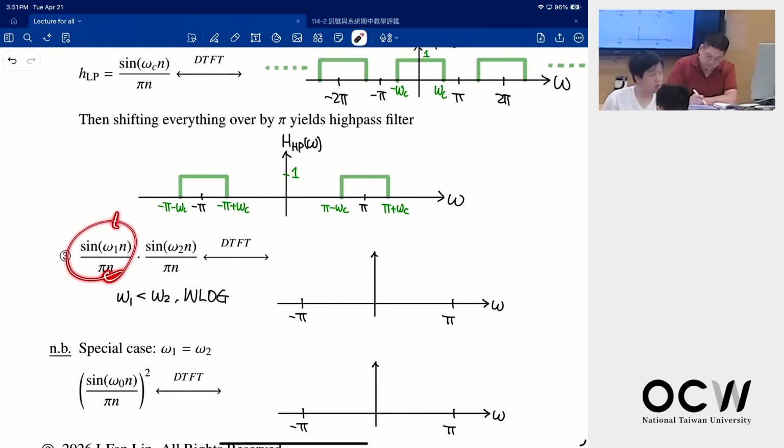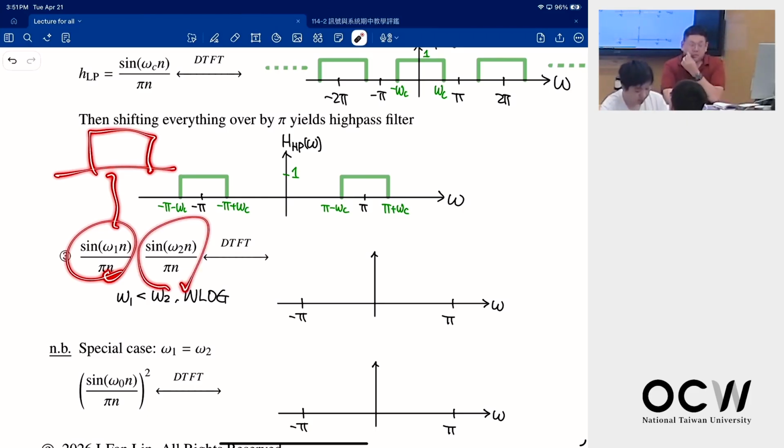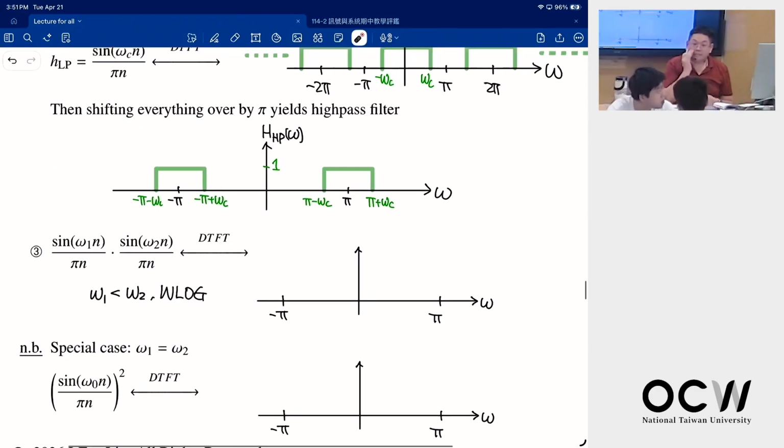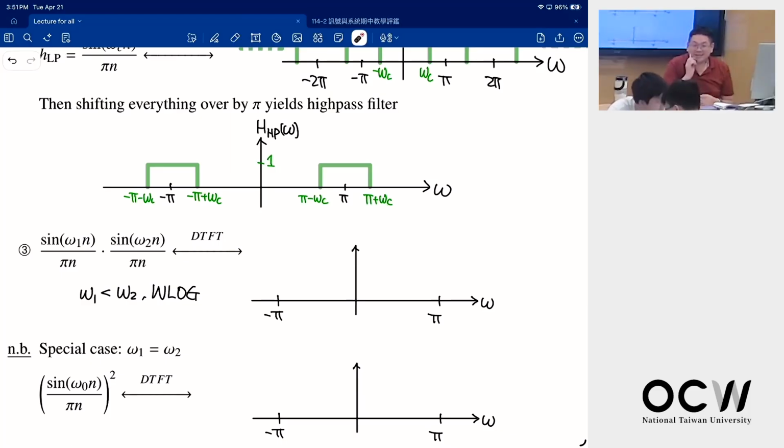This one is a rectangular pulse, right? We did that last week. It will be what? Right. So if they are not equal, I have a trapezoid.